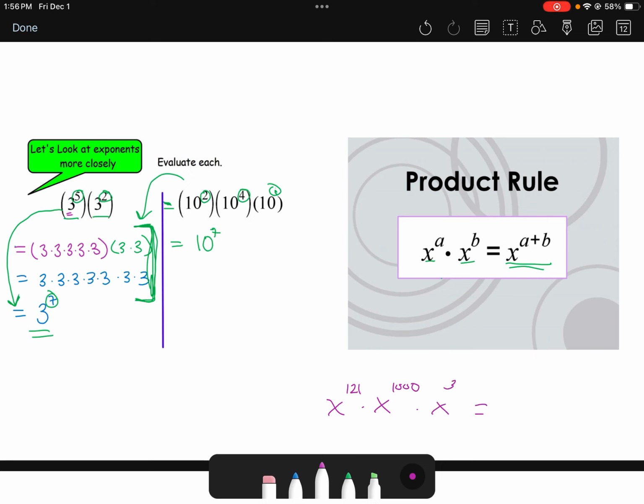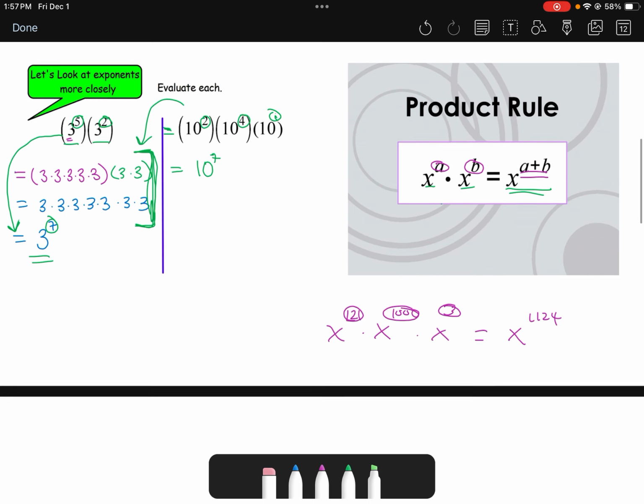I am not going to want to write out x 1,000 times, let alone even 121 times. I think we all have better things to do. So that's why it helps really well. It's 1,124, where you just add the exponents. So when you are multiplying the same base, you add their exponents.